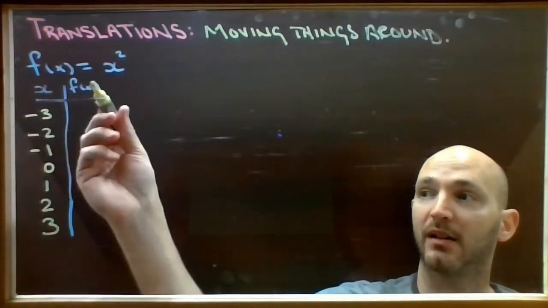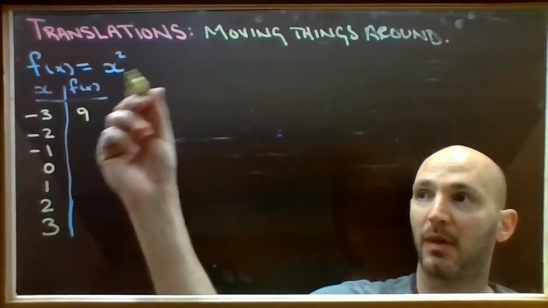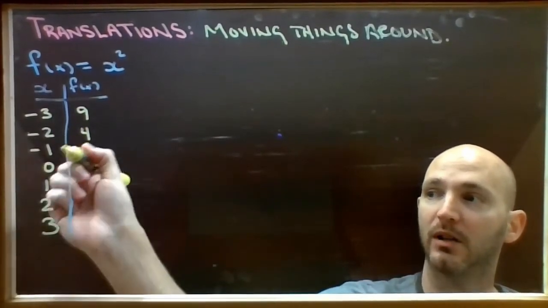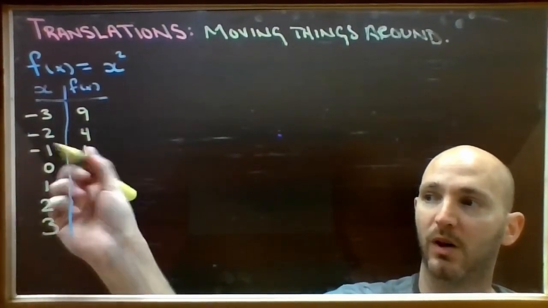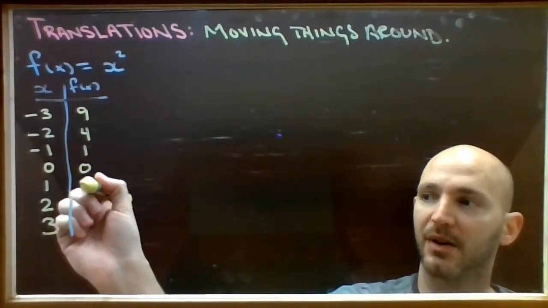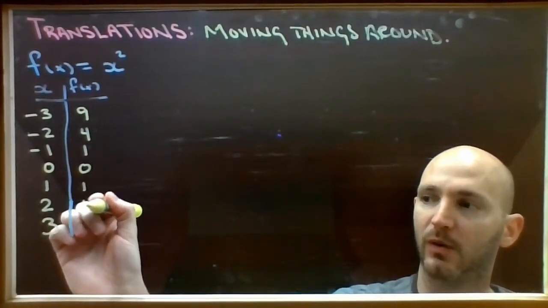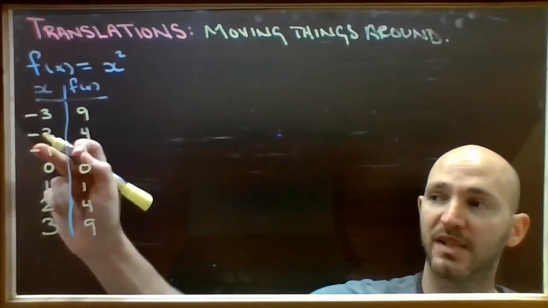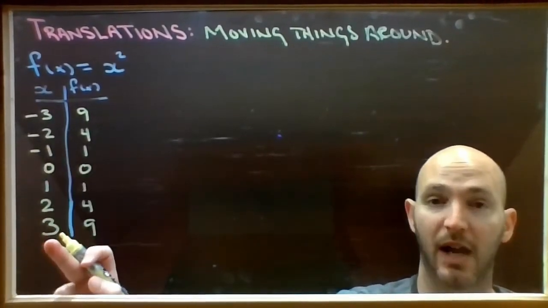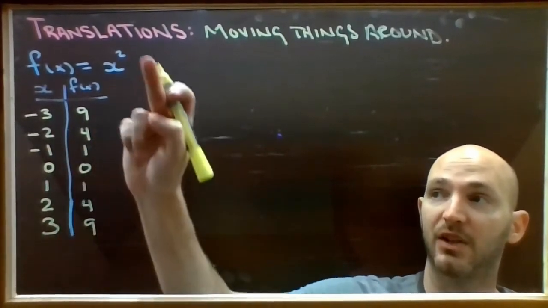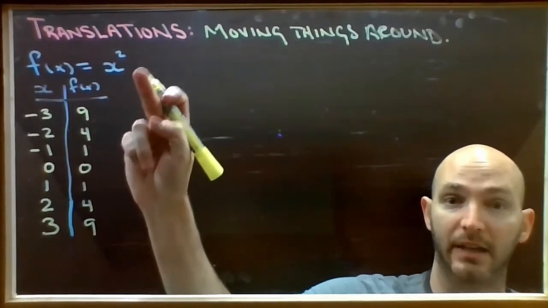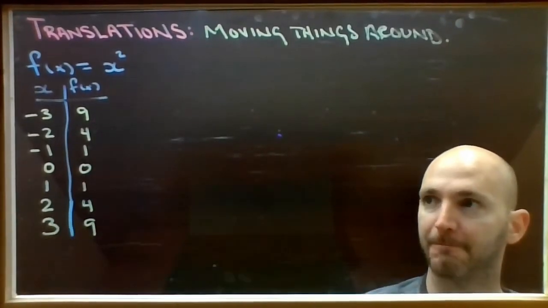Minus 3 squared would be 9. Minus 2 squared would be 4. Minus 1 squared is 1. 0 squared is 0. 1, 4, 9. So I'm just taking this x value, whatever this number happens to be, and I'm executing this function, so squaring it. 3 squared is 9.